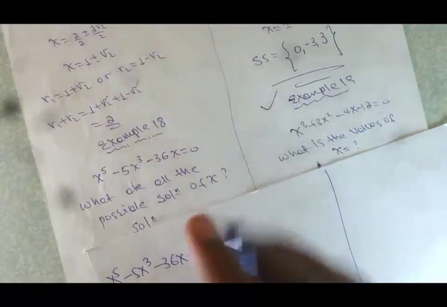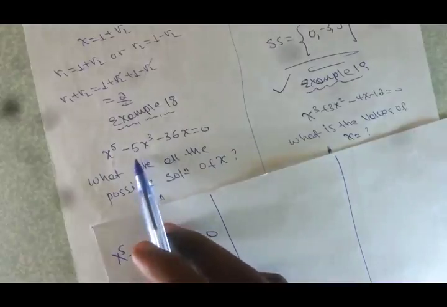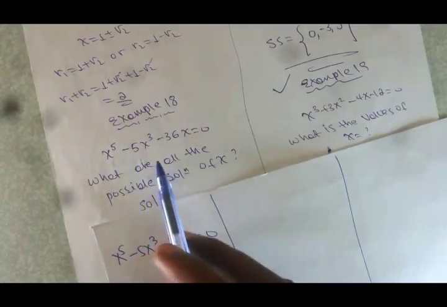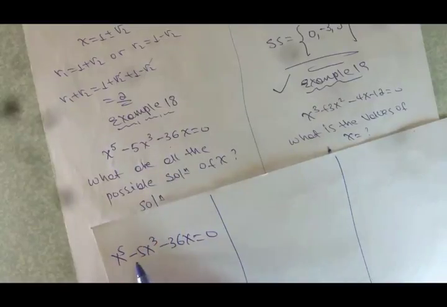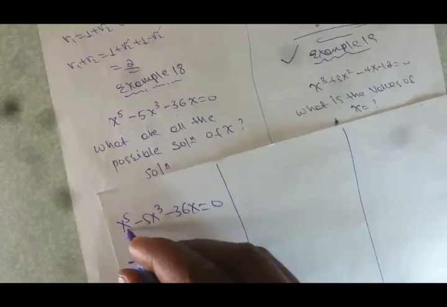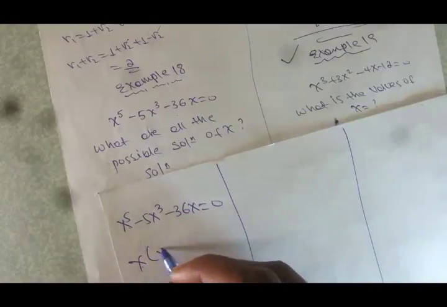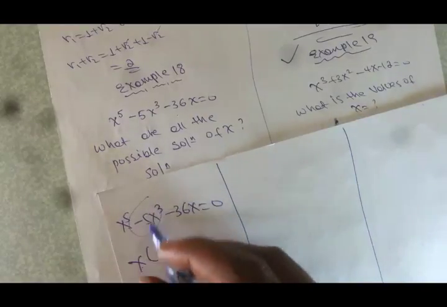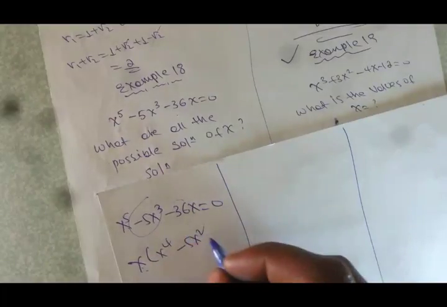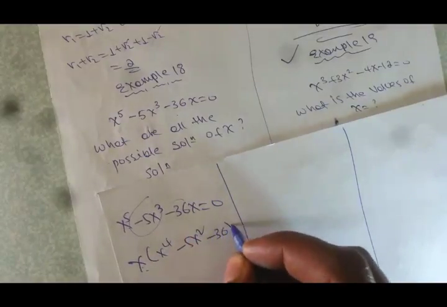And example 18 is given: x raised to 5 minus 5x cubed minus 36x is equal to 0. What are all possible values of x? First, is there any common factor? Yes, there is x. Therefore, x raised to 5 divided by x gives x raised to 4; this number divided by this, minus 5x squared will be left. When this number is divided by this, minus 36 will be left.